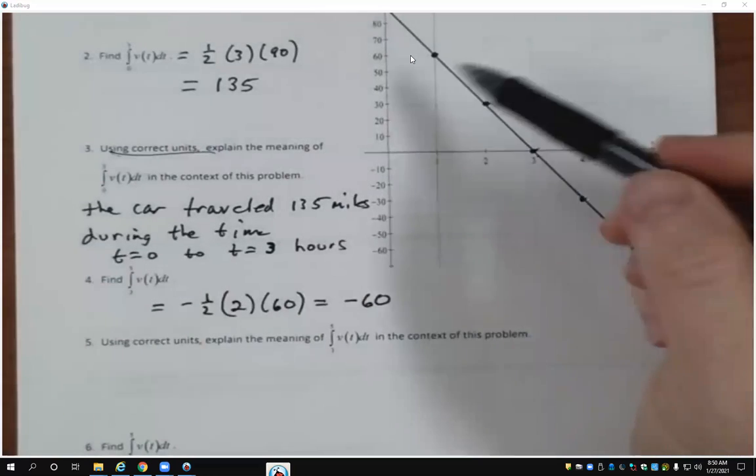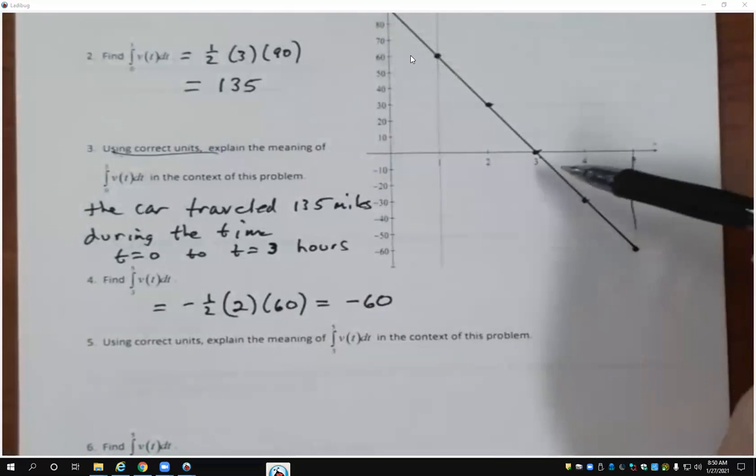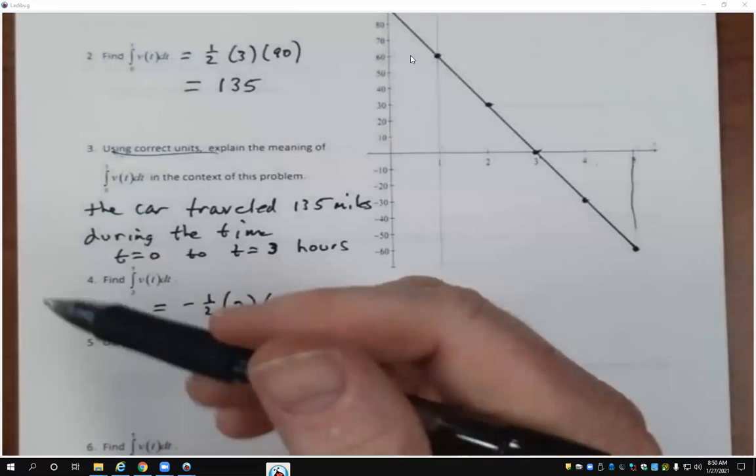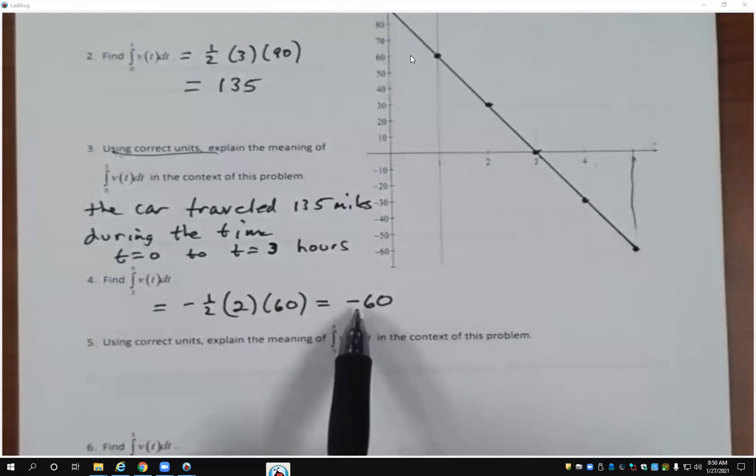Remember, when velocity is positive, we're moving to the right or moving up. When velocity is negative, we're moving to the left or moving down. Cars don't go up and down, right? They only go left and right. So what does this negative 60 mean in the context of this entire problem?